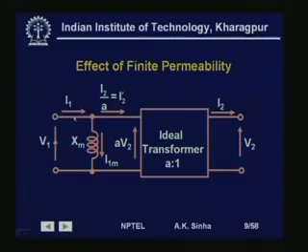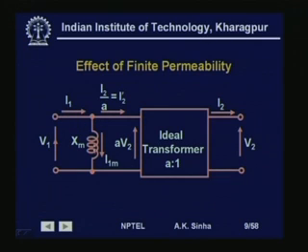That is, we are saying that the transformer has finite permeability. What does it mean? It means that some current will be required to set up the flux in the transformer core. This can be modeled as an inductance which is in parallel with the ideal transformer.